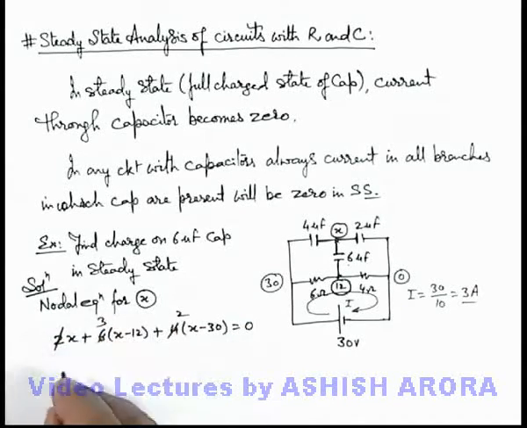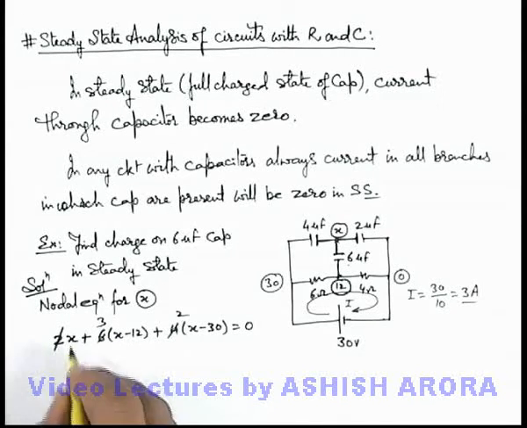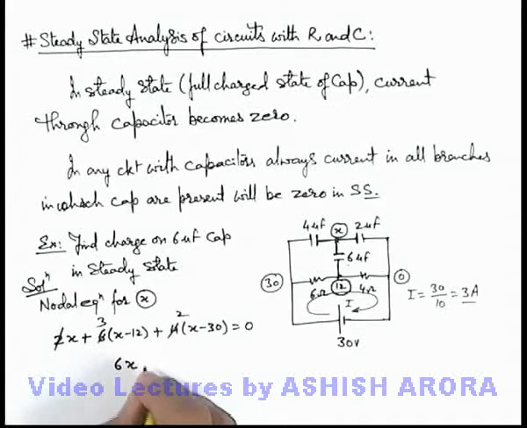This will be 3, and on further simplification we get 3 plus 2, 5, plus 1, 6X is equal to, if we calculate the numerical values and take them to the other side of the equality, 36 plus 60, that will be 96. So the value of X is 96 by 6, that will be 16 volt.